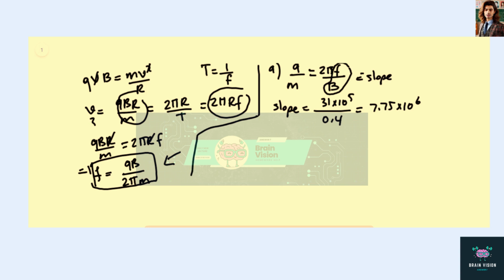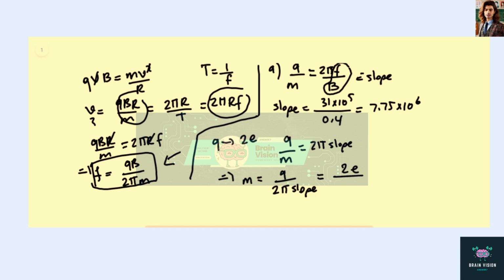Again, going back to the problem, we are actually asked to calculate the mass of an alpha particle. Given that Q is 2e, let's rewrite it: q over m is 2 pi slope. Then m from here is going to be q over 2 pi slope. Then q is 2e, and the 2's are going to cancel.